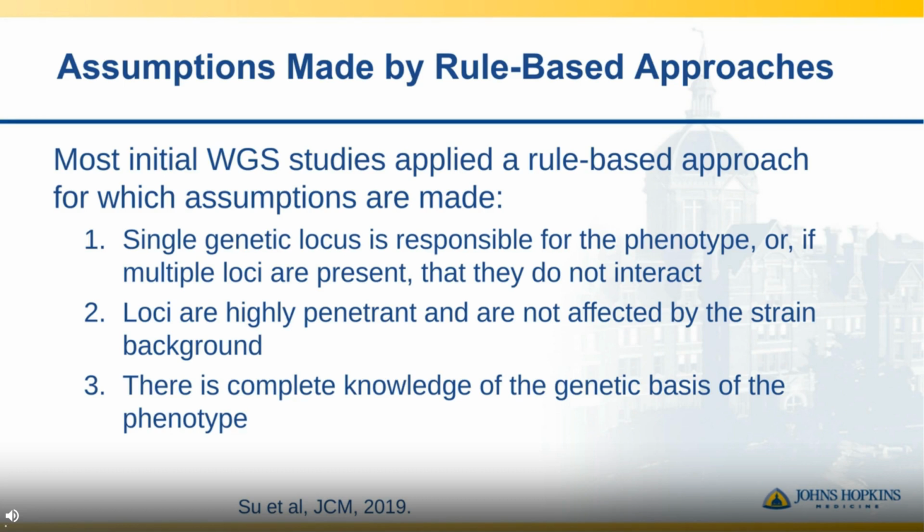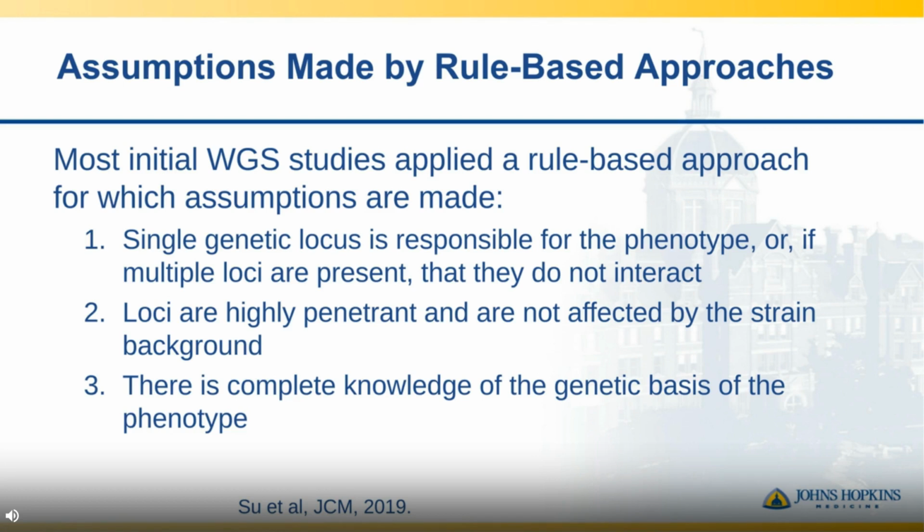Second is that these loci are highly penetrant and are not affected by the strain background. And the third is that there's complete knowledge of the genetic basis for that particular phenotype, which we know is not true. We know that the mechanisms mediating resistance can be complex, just as I explained in that first case, that there are heterogeneous mechanisms that can result in, for example, cefiderocol resistance.